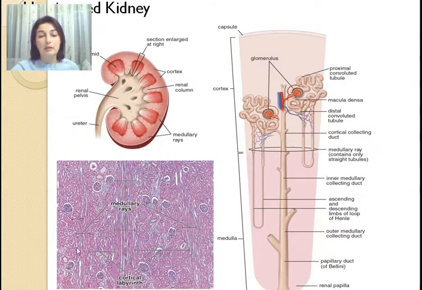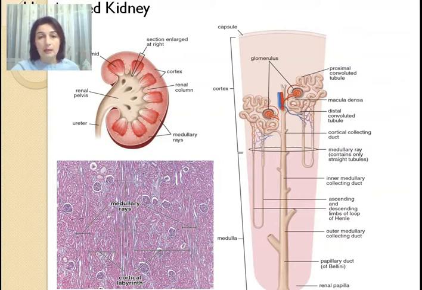Between the tubules and these corpuscles there is very little connective tissue, approximately 7% of the cortex, and about 30% of the medulla is connective tissue. It is the interstitial tissue which is located between the tubules. In the center of this slide of the cortex of the kidney, we can see medullary rays, and around them we have these tubules.